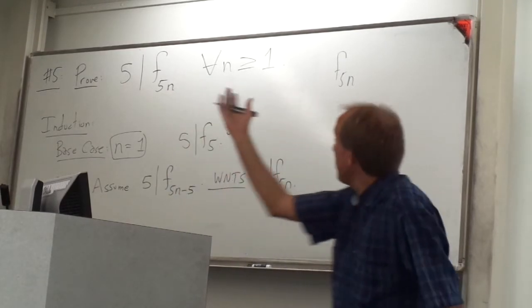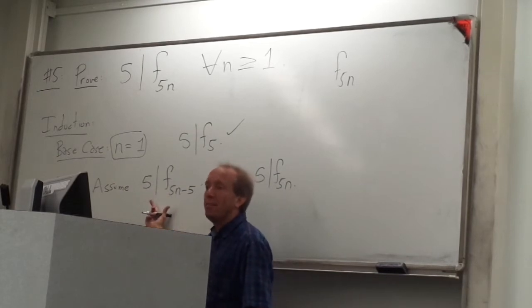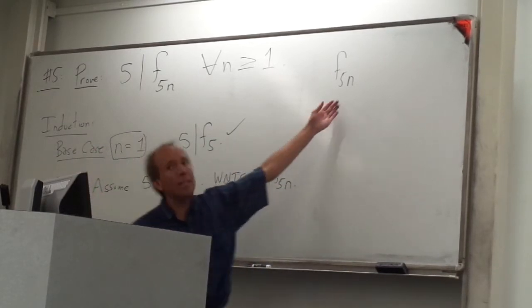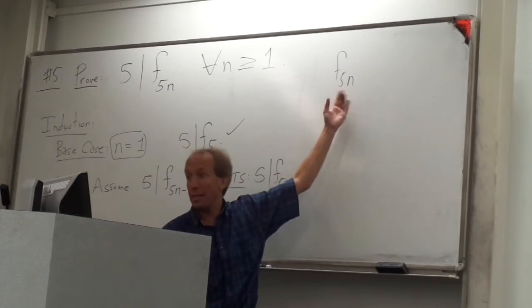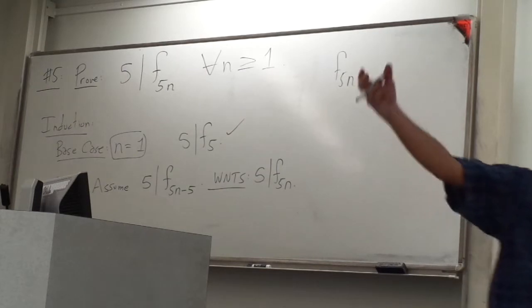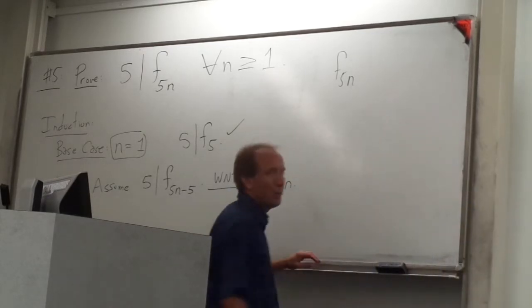I need to use my assumption about what 5 already divides. And in order to use that assumption, I've got to take the number I'm currently trying to say something about and figure out how to write it in terms of the number I already know something about. So Joseph, I'll let you take over again. I'm sorry, I didn't mean to cut you off.